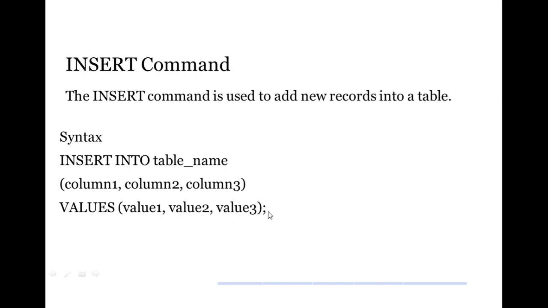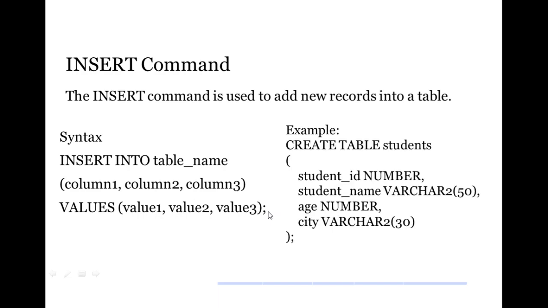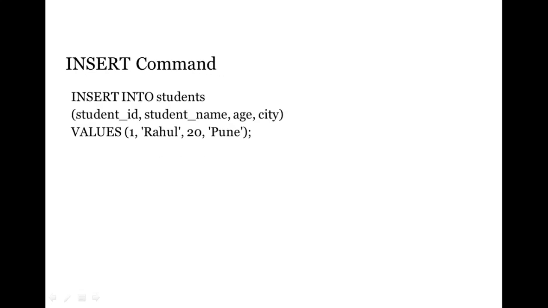Let us create a simple table. Create table students. So inside that we are taking columns as student ID, student name, age and city along with the data type. Once the table is created, we now insert the first record using insert command.